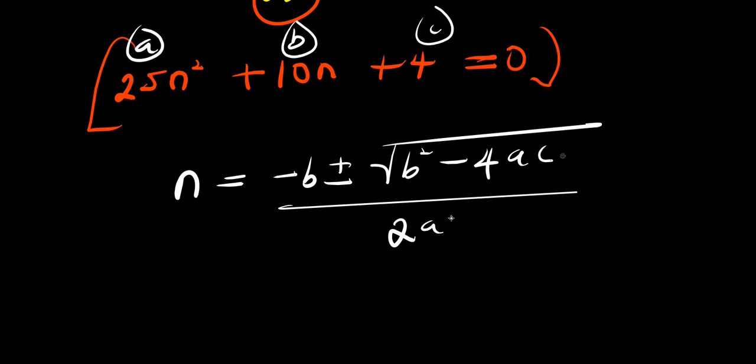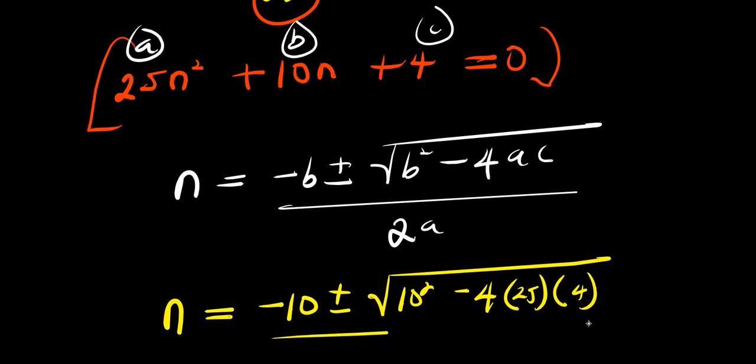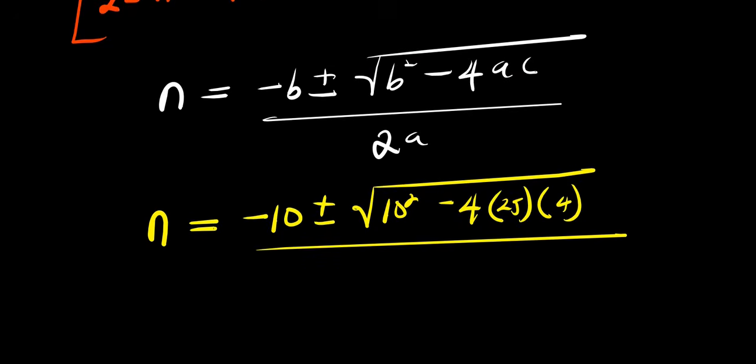So let's insert these values right here for a, b, and c. We are going to have n equals negative b, that's negative 10, plus or minus square root of b squared, 10 to the power 2, minus 4 times a, which is 25, times c, that is 4. And this is divided by 2 times a, that is 2 times 25.